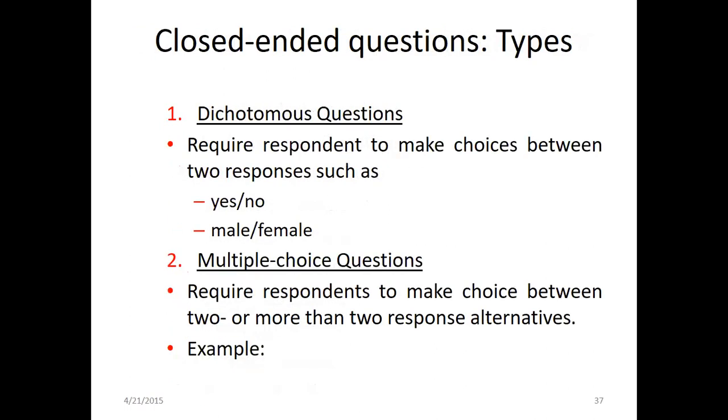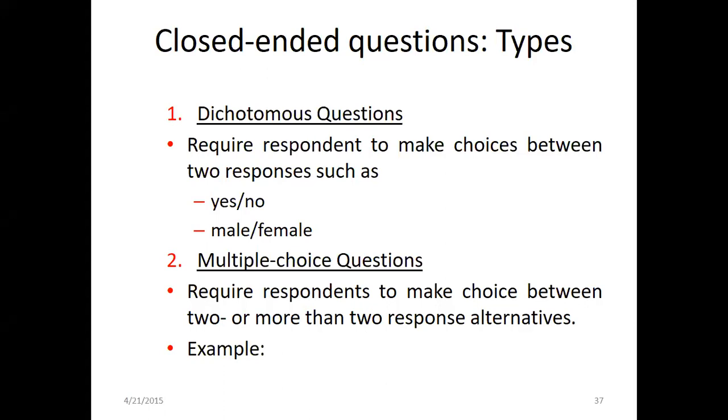Now, the dichotomous questions require a response to make a choice between two alternatives, such as yes or no, male or female, white or black, etc. So it's dichotomous in a sense that it is either of the one. So you only have two options. Then number 2, you have multiple choice questions.